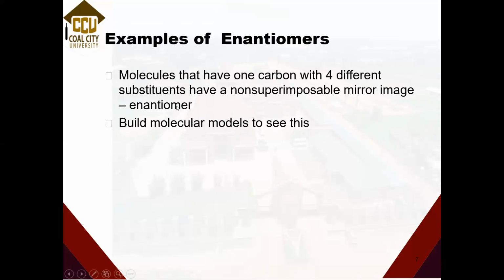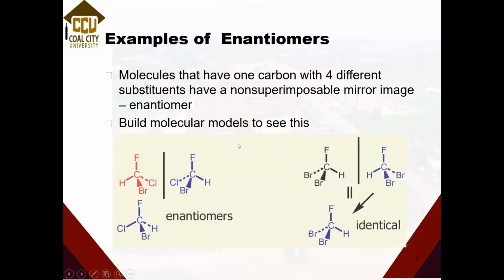Now, build molecule model to see this. Let's see. In this case, this is a carbon. You can see it is attached to fluorine, to chlorine, to bromine, and to hydrogen. You can see all the four substituents are different. So because of that, its mirror image will be non-superimposable because all four substituents are different.